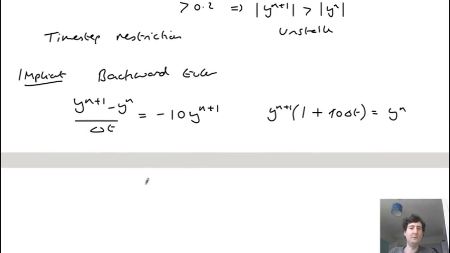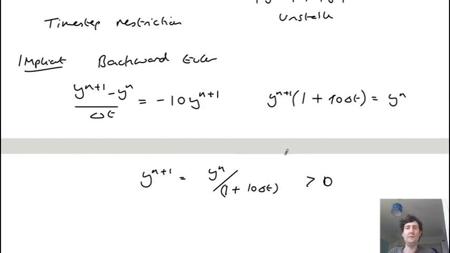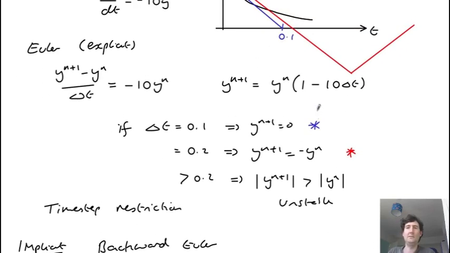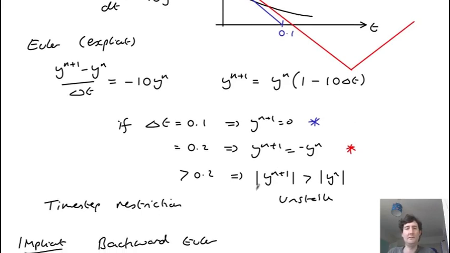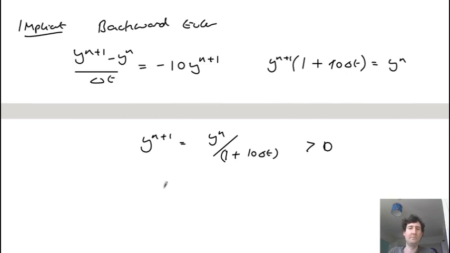And so we have the solution, or the iteration each time step, is just y_n divided by 1 plus 10 delta t. And so you can see now that this is always bigger than 0. So it doesn't matter how big we make delta t, y_{n+1} will always be positive, and so we don't get this oscillating behavior that the explicit method had, and there's also no limit to how large delta t can become.